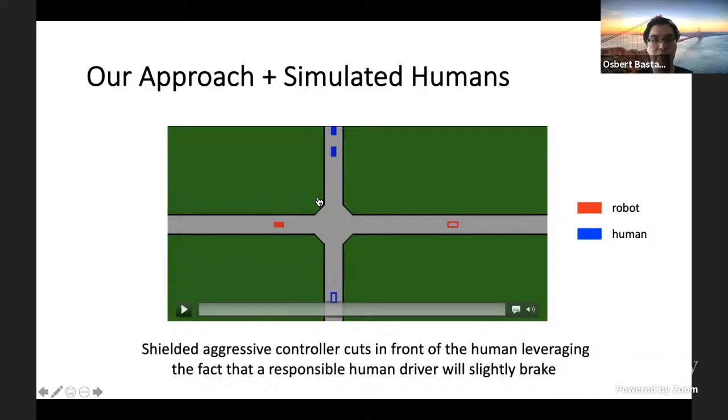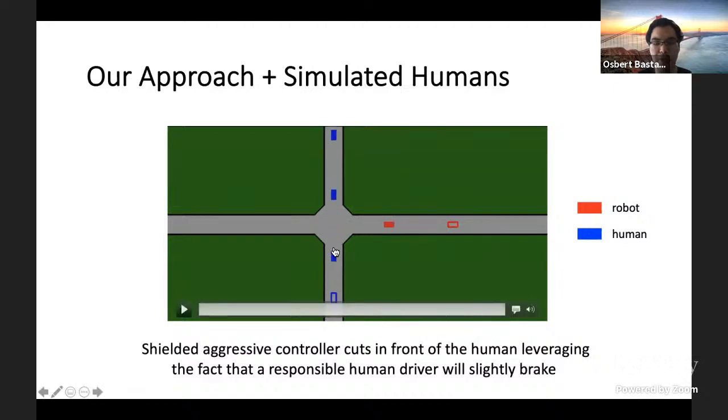So first, I'm going to show some results of using our controller in conjunction with simulated social forces humans. In this example, you'll see that the shielded aggressive controller is going to cut in front of the human by leveraging the fact that a responsible human driver will at least brake slightly to avoid a collision.